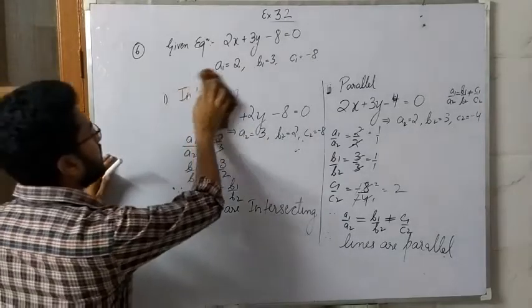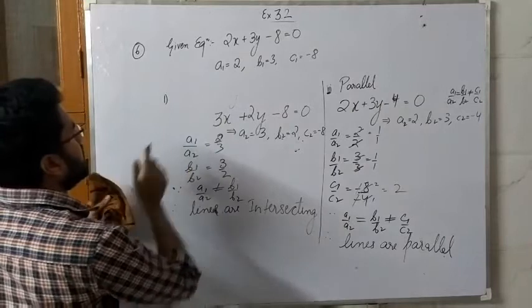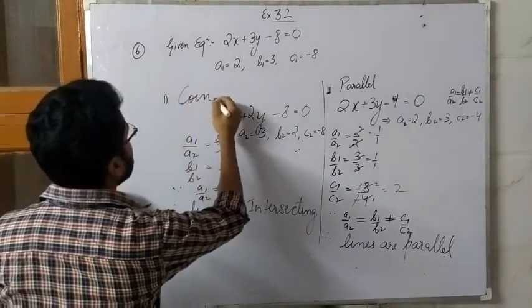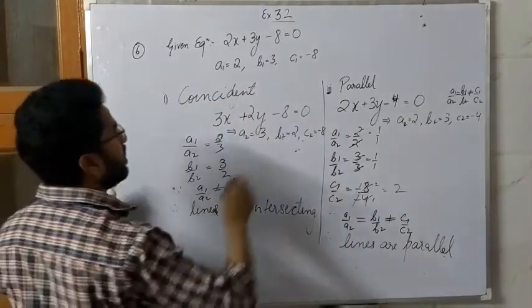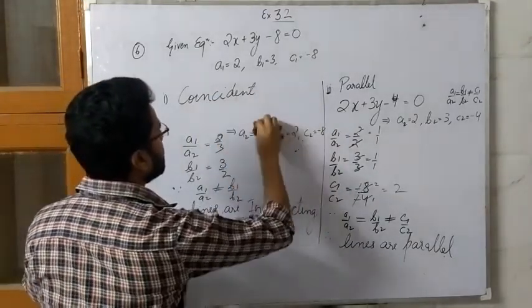Now come to the third part, that is line is to be coincident. Line is to be coincident, right? So for coincident line, what should be there?